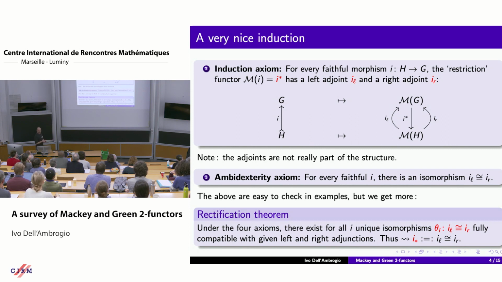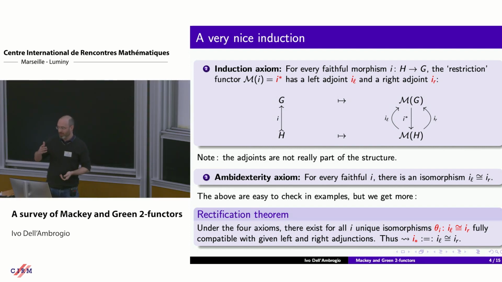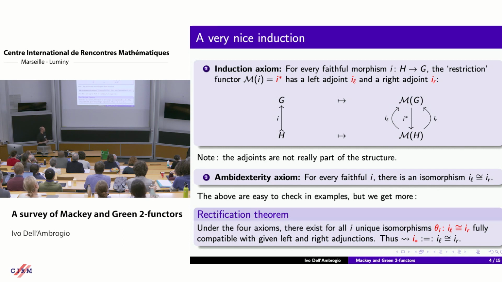So they satisfy a long list of extra conditions. So they give you that the left adjoints and the right adjoints define the same pseudo-functor by mates and so on and so forth.